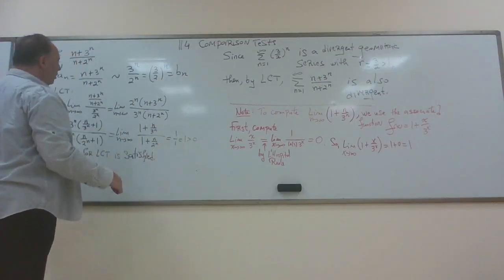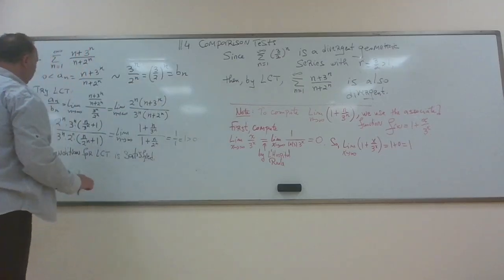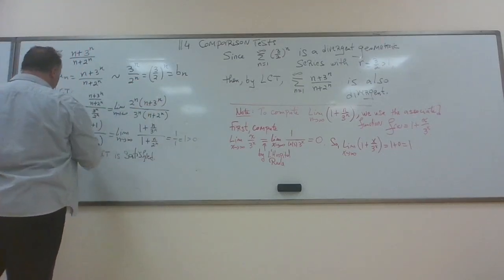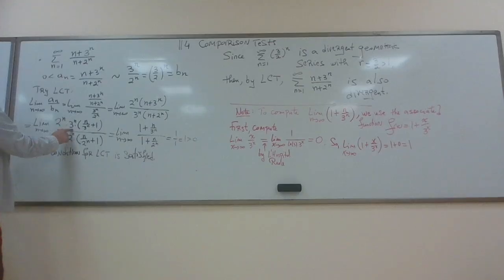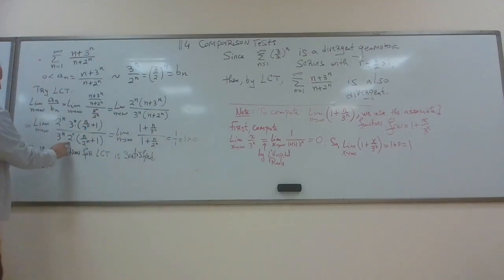Now here we will factor the dominant term as usual from the bracket. So I have my 3 to power n outside, so n divided by 3 to power n, plus 1. And downstairs I factor the dominant term, which is 2 to power n also.